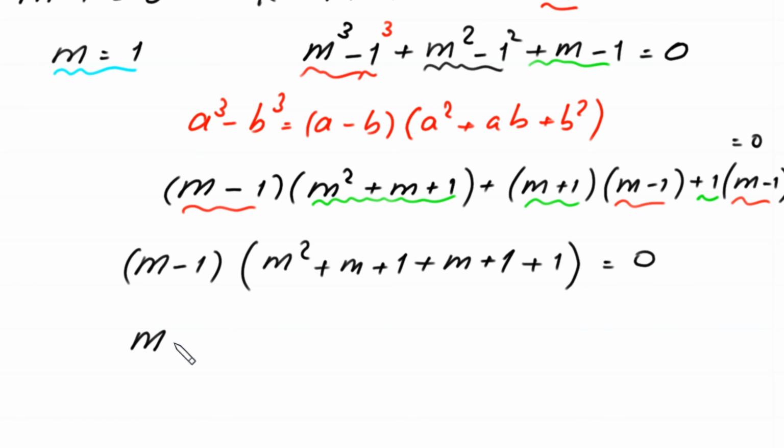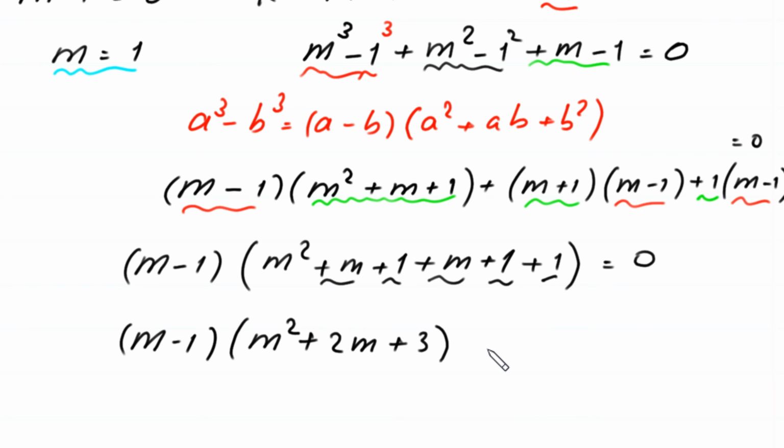Next, m minus 1 times m squared, this 1m plus this 1m will become plus 2 times m, and 1 plus 1 plus 1 will become plus 3 is equal to 0.